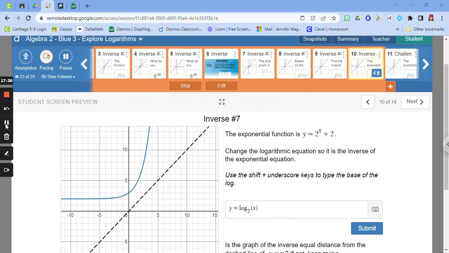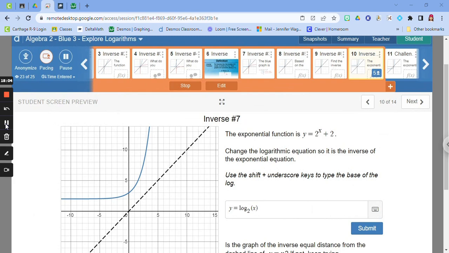So now the question becomes, if it's 2 to the x plus 2, where would that extra plus 2 go in your logarithmic equation to be the inverse of the one that's there? Somewhere in this logarithmic equation, you're going to have plus 2 or minus 2, whether it's inside the parentheses or outside. So do some testing, see where it might go.